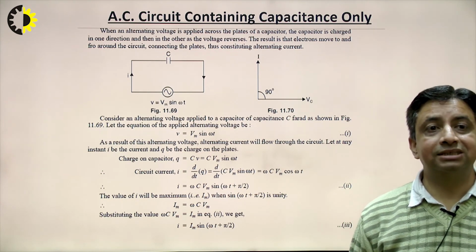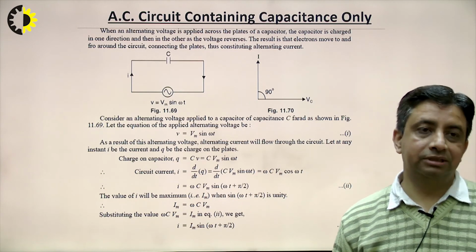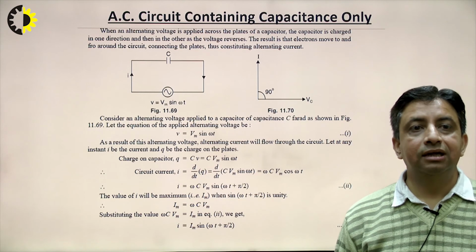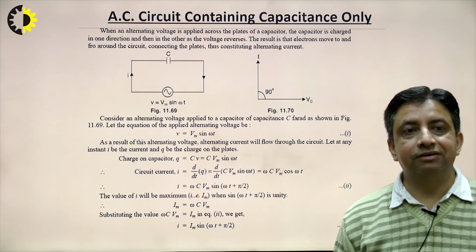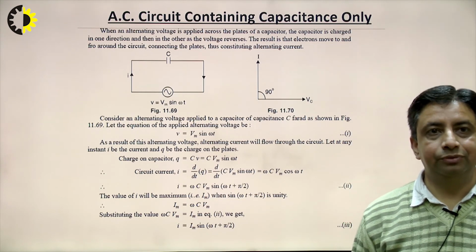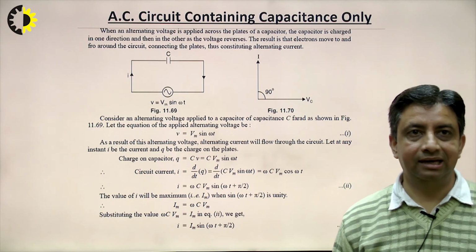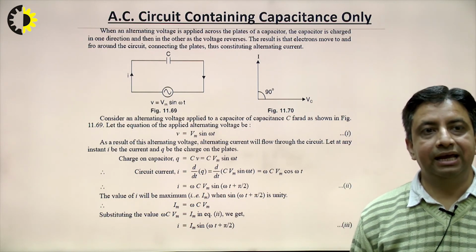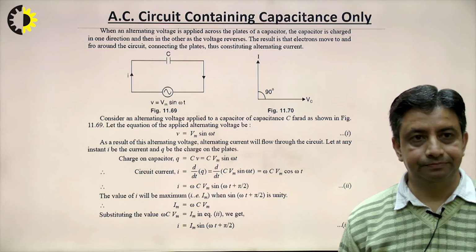Now, from this again we have a very important observation, that in case of a purely capacitive circuit, the current leads the voltage by an angle of pi by 2. As you can see in the phasor diagram, now the current is leading the voltage by an angle of pi by 2.